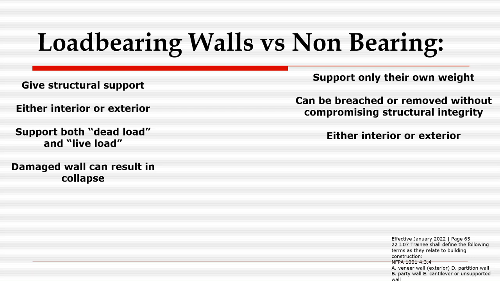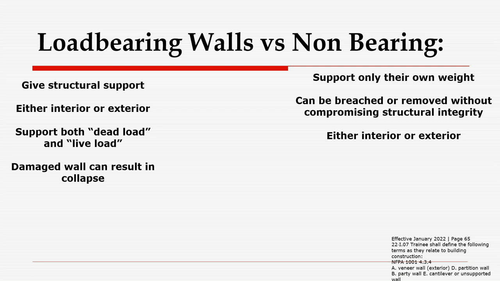So dead load are things like your AC units that are in your attic space. It is the weight of the structure. It is the weight of the material on the home itself. Your live load is your additional load on the structure, and this could be the people inside of it. This could be your furnishings that can be moved around the room.